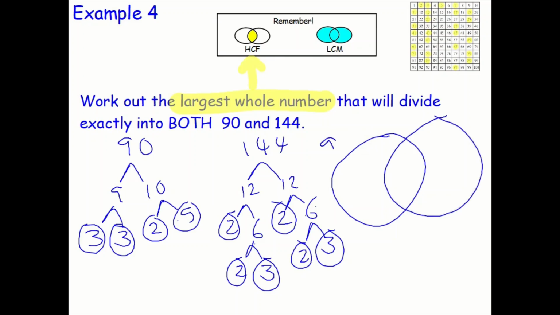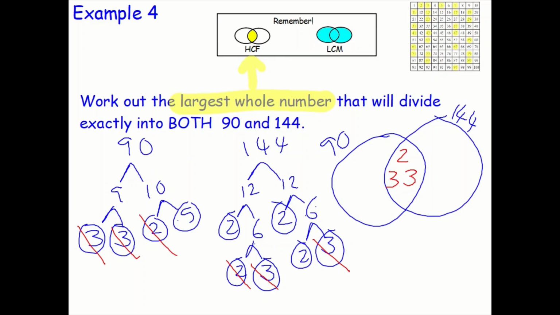So we've got 90 and 144. What have we got in the overlap? So we've got a 2 here and a 2 here. That's one there. We've got a 3 here and a 3 here. And we've got another 3 here and another 3 there.